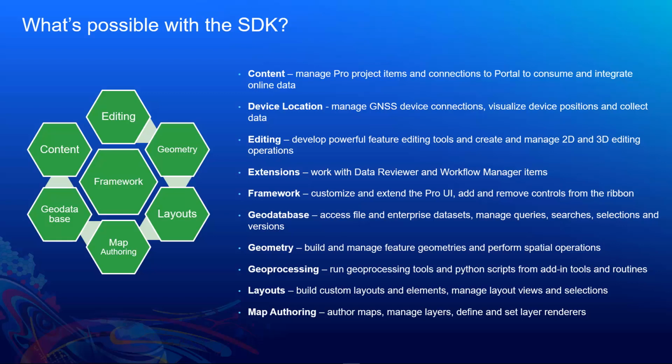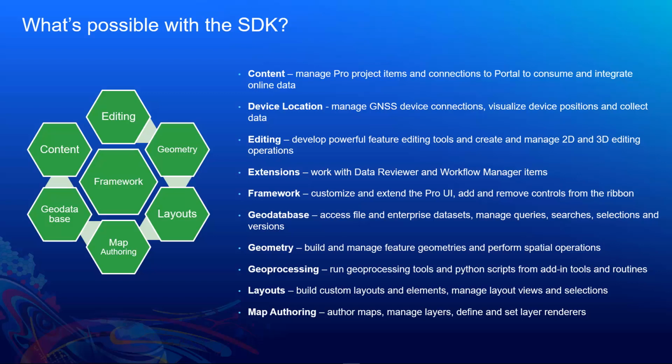So many workflows that a lot of our users have been able to take advantage of content. Device location. This is a new API that was made available at 2.7. We'll mention this a little bit later. You can manage GNSS device connections such as GPS and visualize those positions and collect data and manage it.